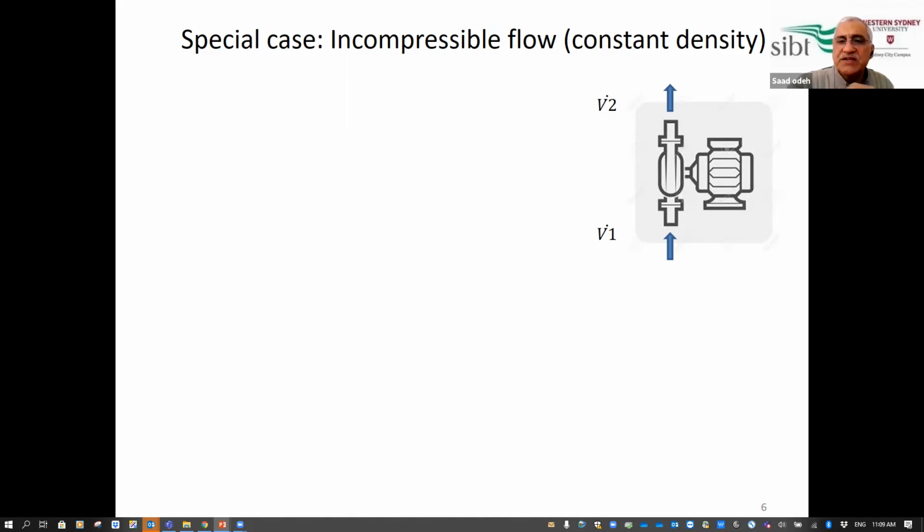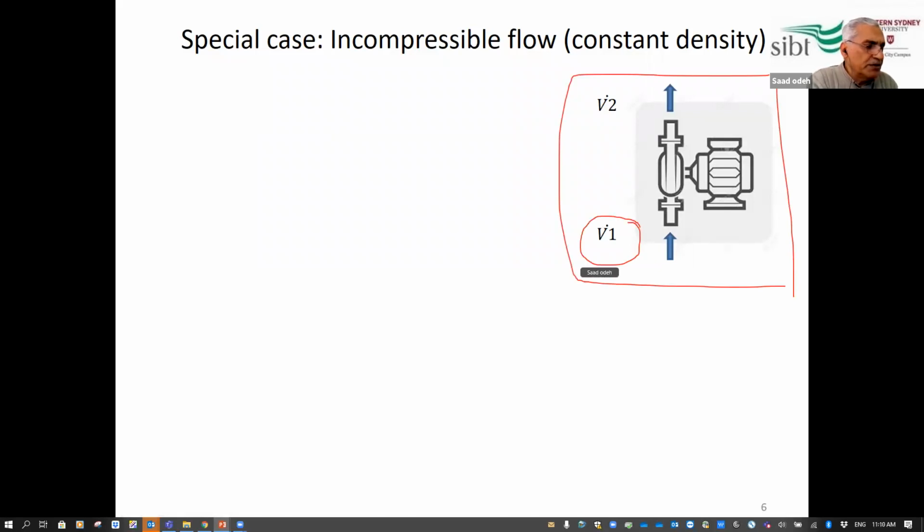And for incompressible fluids, we call the system a pump, such as this figure here. This is a pump, and we use the pump for incompressible liquids or fluids. There is always an inlet to the pump, V1, and there is also an exit, V2.